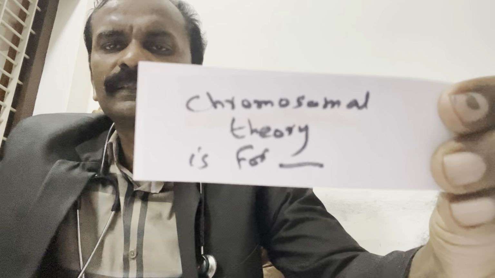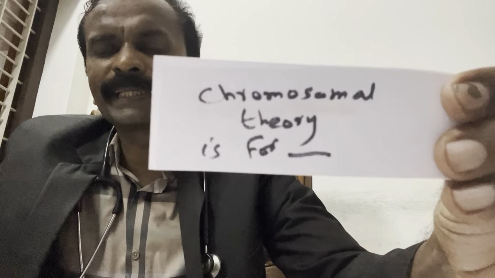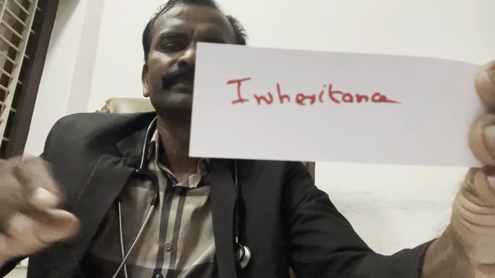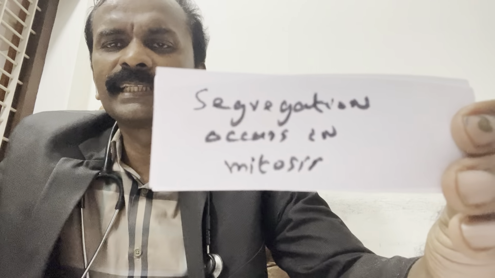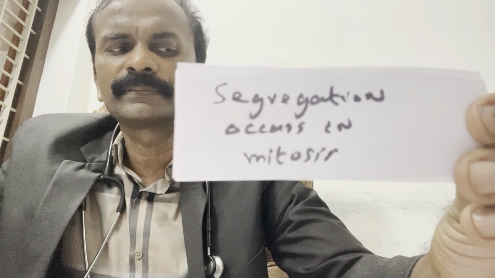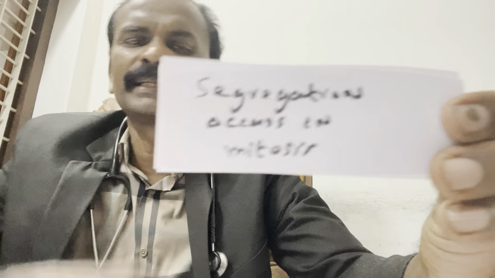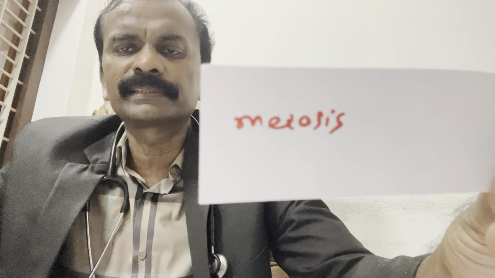Chromosomal theory is for what? It is for inheritance. Segregation occurs in mitosis. True or false? Segregation always occurs in meiosis.